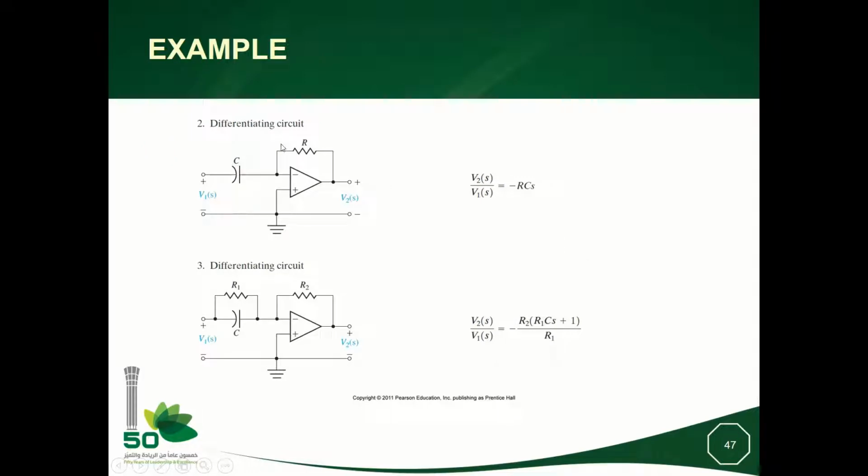In this example, we have reversed. We put the capacitor at the input side and we put the resistance at the output, right? So now the impedance of the output divided by the impedance of the input multiplied by -1 will give minus RCs. And it is clear here, it is a differentiation system, or a differentiator, multiplied by a coefficient RC multiplied by -1.